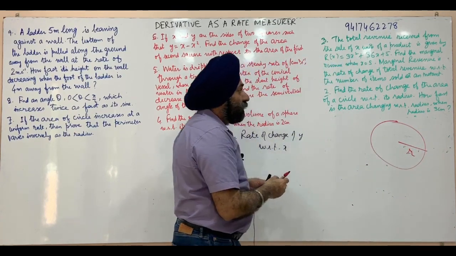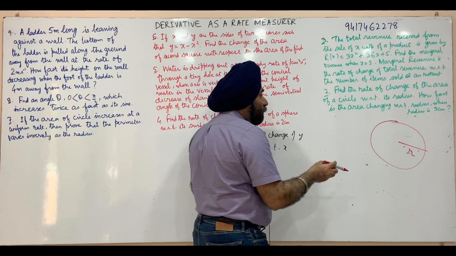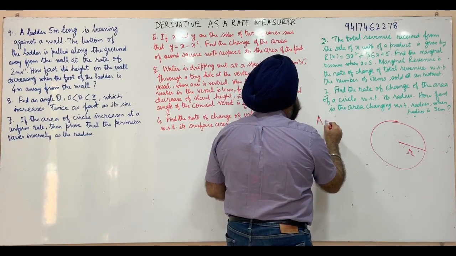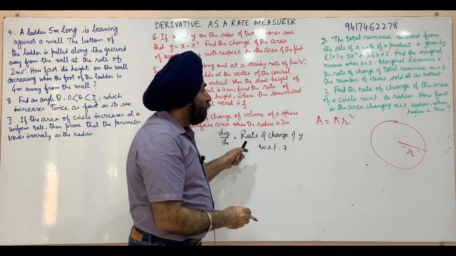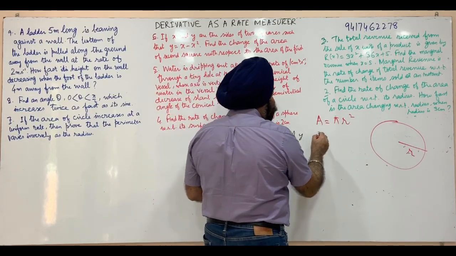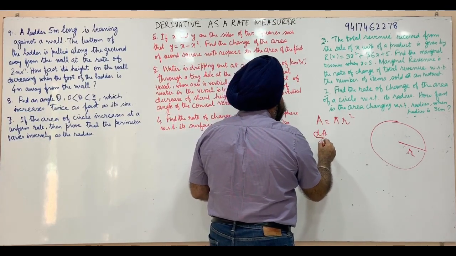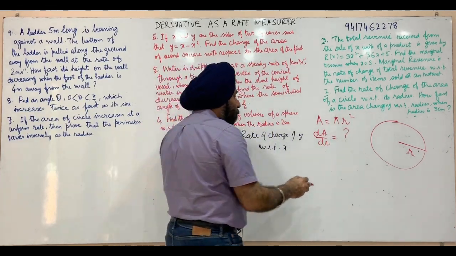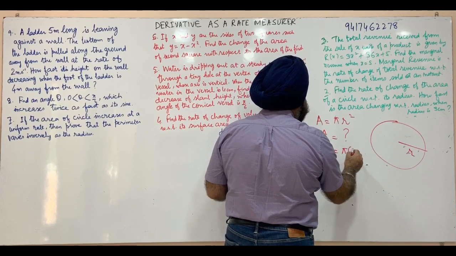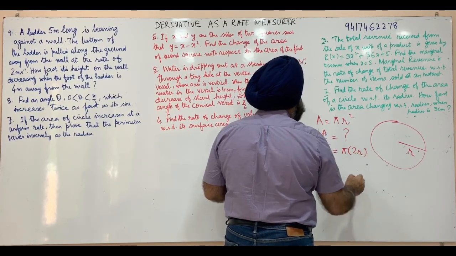Area, we know, is pi into r square. We have to find dA by dr. Pi is constant, and the derivative of r square is 2r.